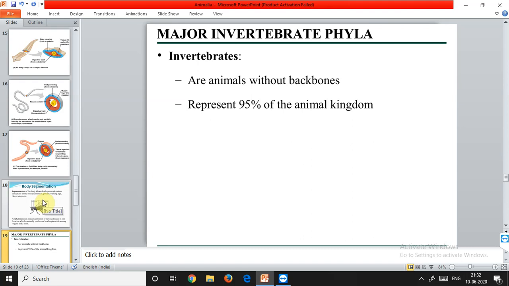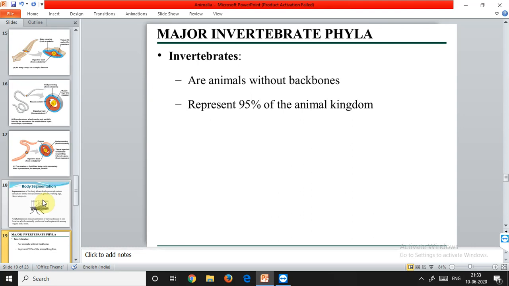That is, even if it is cold outside, or if the condition is very hot outside in the atmosphere, the internal body temperature will remain the same. In what animals is this seen? Birds and mammals are homeothermic. That is, they do not change their body temperature according to the environmental temperature.